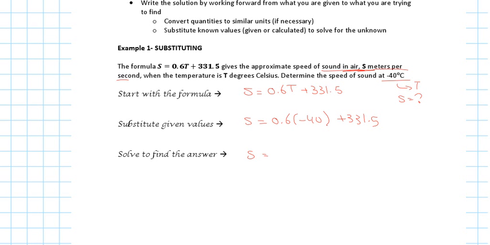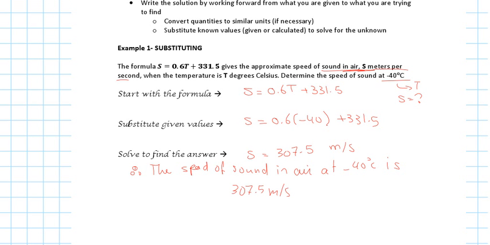Is it 300? And then make sure you include your units, so that's meters per second. And I know that from the definition that they give. Always, because that's a word problem, you're going to have to include a therefore statement. So therefore, the speed of sound in air at minus 40 degrees Celsius is 307.5 meters per second.